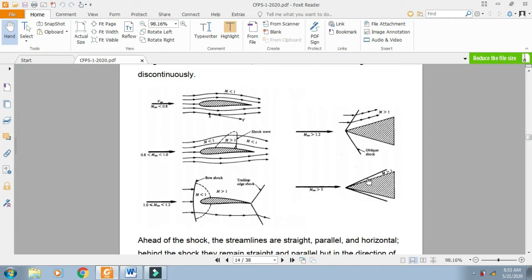When the magnitude of M infinity is much higher, it is 5, the oblique shock location moves toward the wedge-type element, but still the Mach number is greater than 1. Overall the Mach number is greater than 1, but since the value of free stream Mach number is very high, we term that flow as a hypersonic flow.